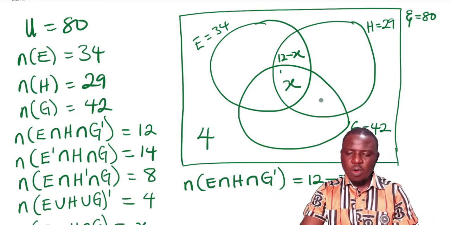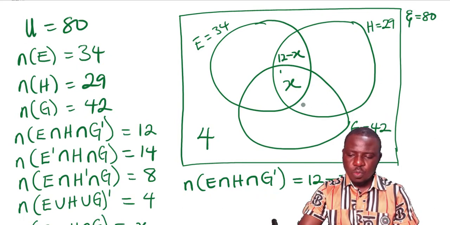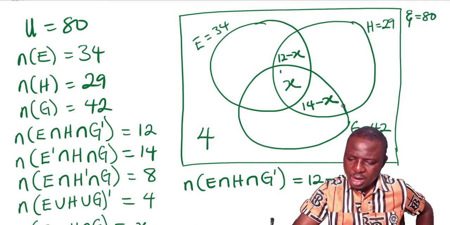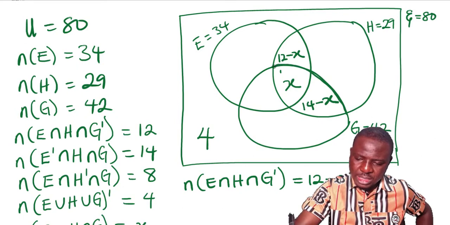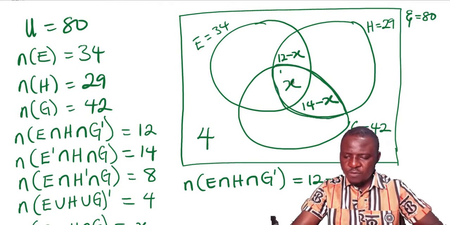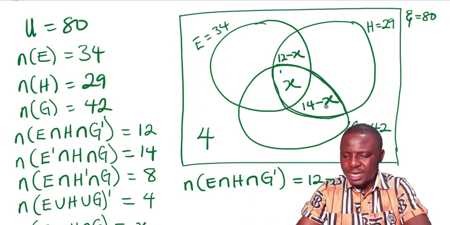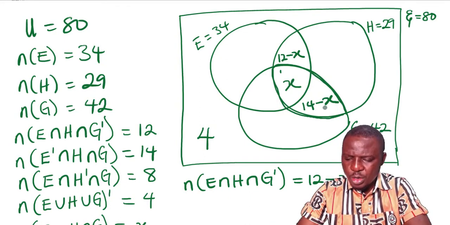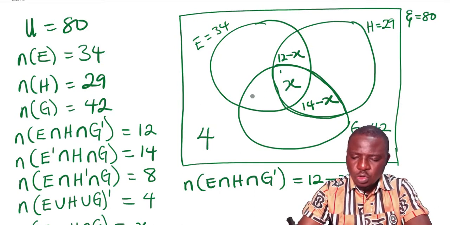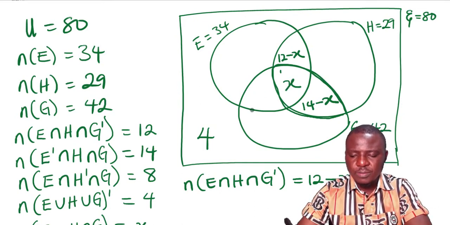That means those who offer only history and government will be 14 minus x, because those who offer history and government can be found in this region, which is the sum total of these two regions. So if this region alone is x, it therefore means that this other region becomes 14 minus x, because the sum total of these two regions is 14. Same thing is applicable to the one I did earlier, and also with this other region.